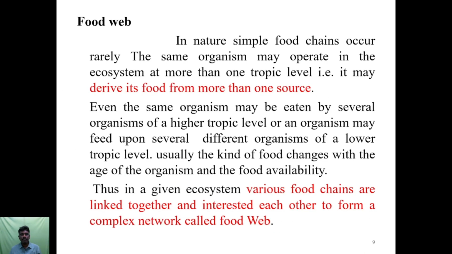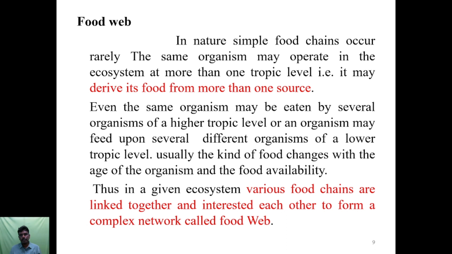Then food web. So in nature, simple food chains occur rarely. The same organisms may operate in the ecosystem at more than one trophic level.